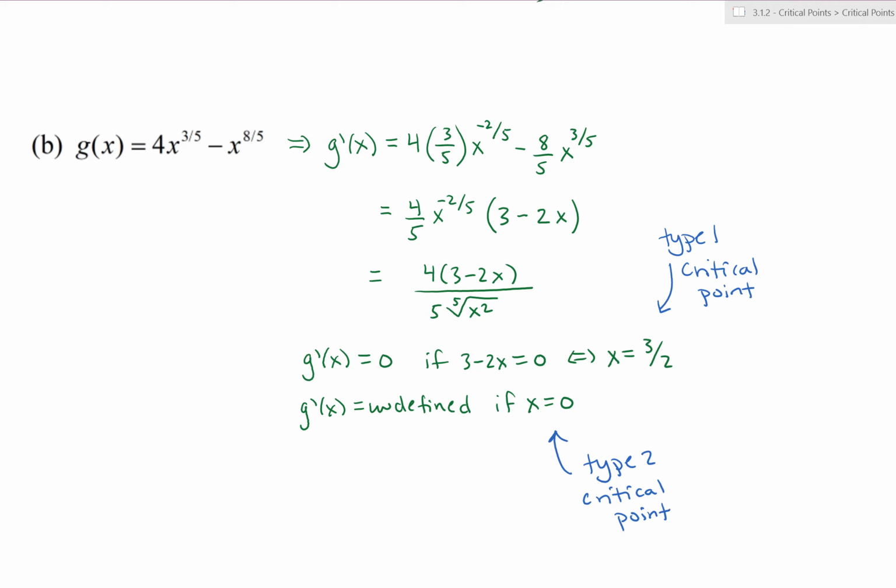And that's it for the video. We're going to continue focusing on extreme points, both local extreme points and global extreme points, in the upcoming videos until we can get an overall strategy for finding and classifying all the different extreme points for a function.